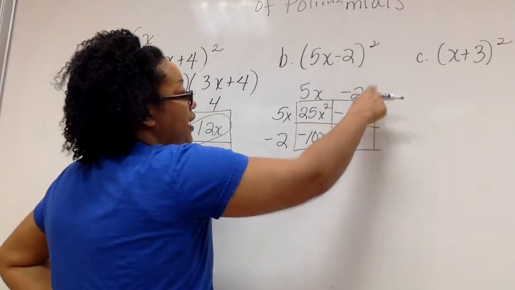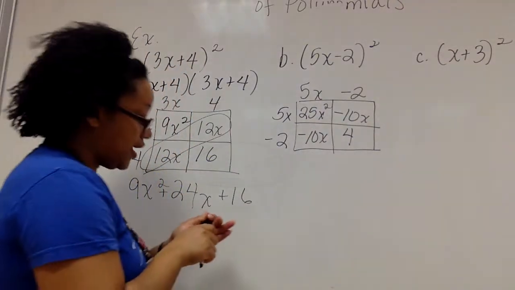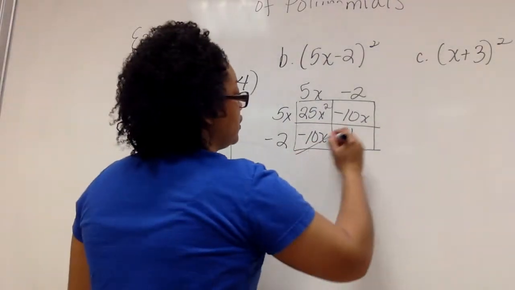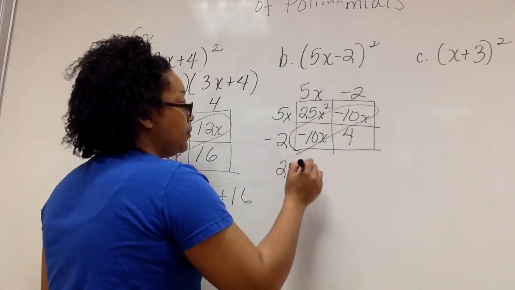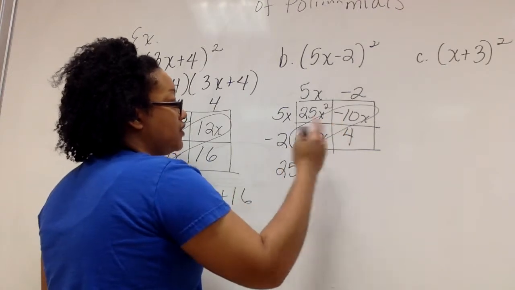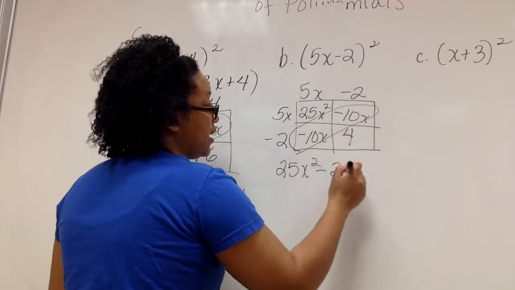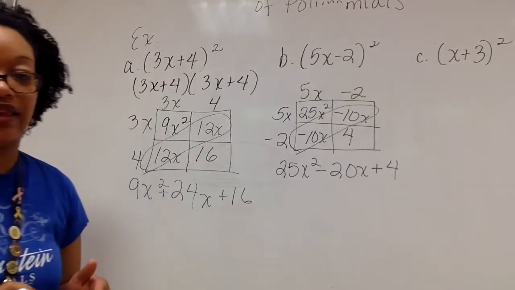Negative 2 times negative 2 is a positive 4, okay? Combine your diagonals. All right, my first term. Combine my diagonals, negative 10x gives me a negative 20x. And then there's a positive 4 at the end.